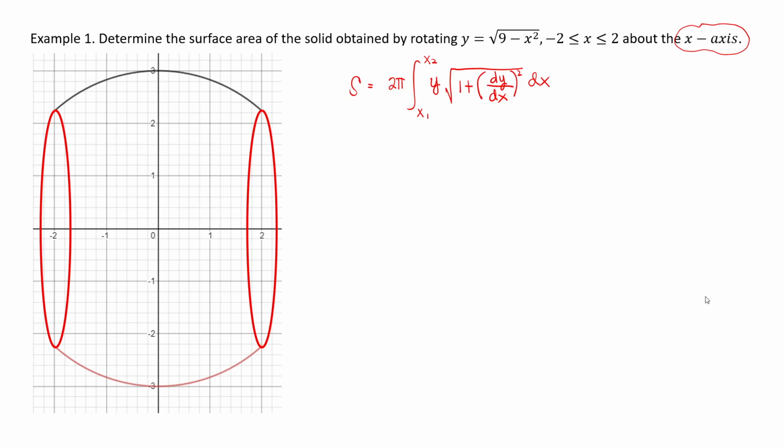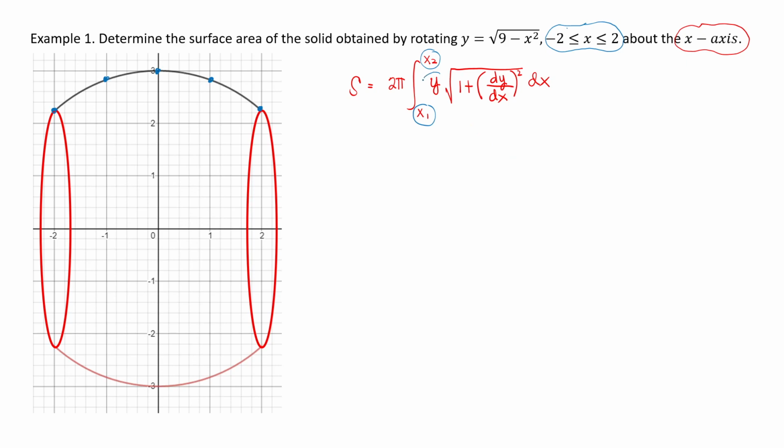So we're going to determine the different parts of the equation, starting off with the limits. x1 and x2 are already given, which is this range here. Of course, if you're going to generate a graph, 2 points is not sufficient to create a curve, so you create different points to generate the curve.